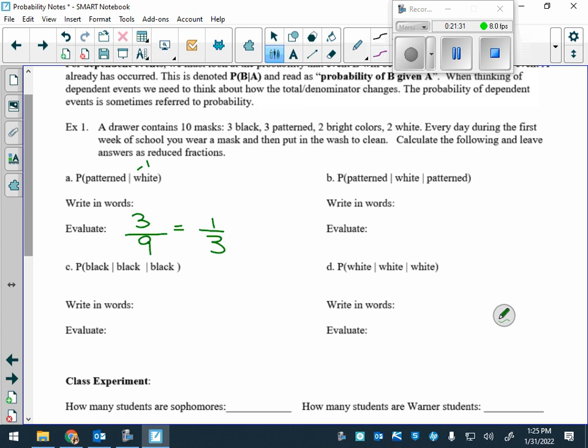So, what is the probability of selecting a pattern mask given you have already selected a white mask and a pattern mask?